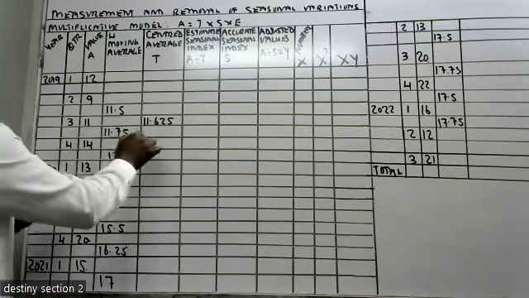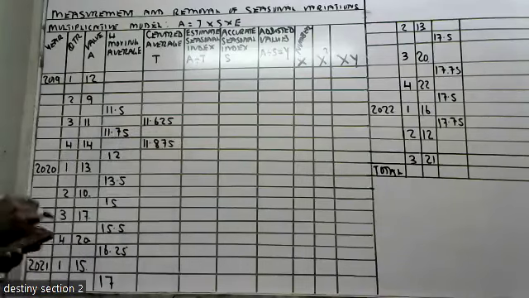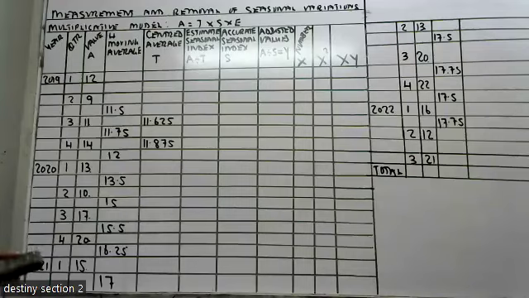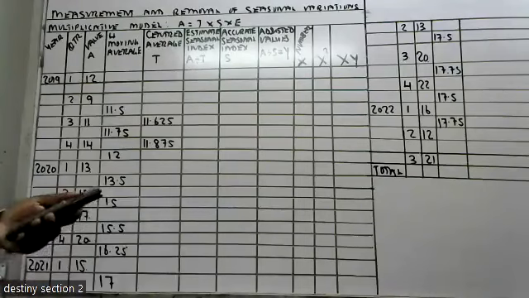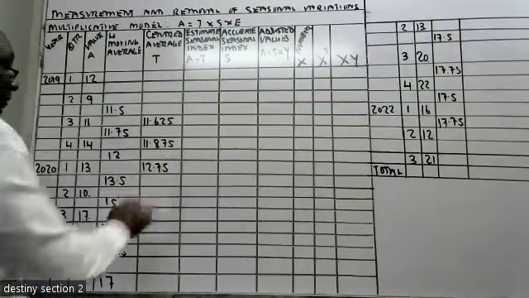We are getting 11.875. 12 plus 13.5 divided by 2 is equal to what? I'm waiting for 12.75. Okay, 12.75.